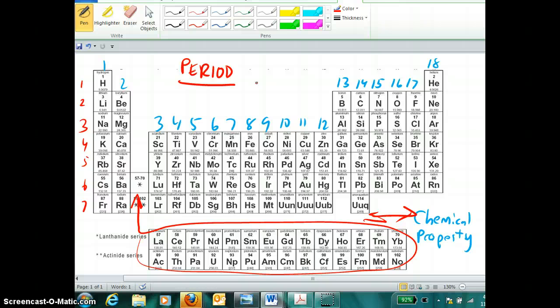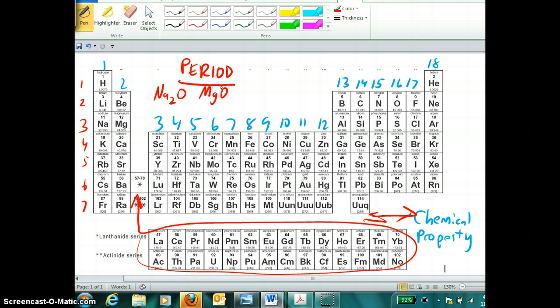Now, the regular repetitive pattern of events that we see in these rows of elements are why they are called periods, and here's why. If I choose, say, the third period and I look at group 1, I know that sodium will react with oxygen in a 2-to-1 ratio. On the other hand, the next member in that period behaves differently because it's in a different family.